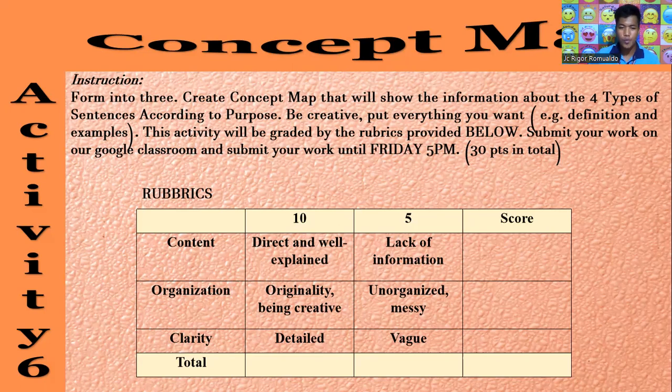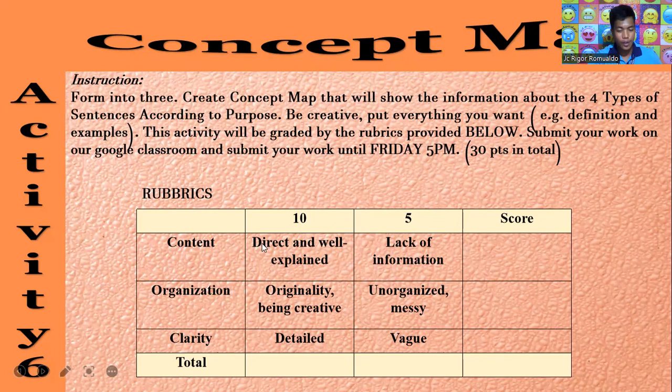This activity will be graded by the rubrics provided below. This is the rubrics, as you can see. We have the content, the organization, and last, clarity. We have 10 points, and a half of 10, which is 5 points.